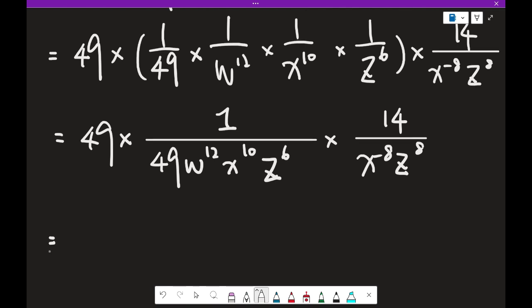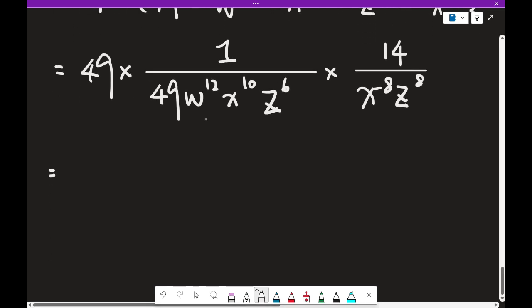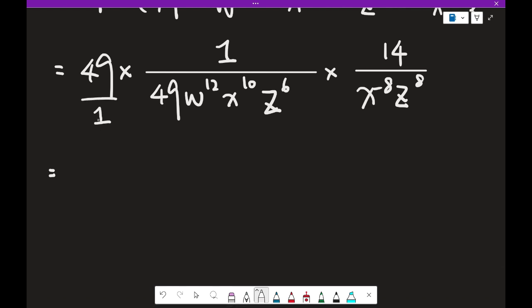And now we can multiply, since this 49 is basically 49 over 1, all these three are fractions, so we can just multiply them together by multiplying numerators together and multiplying denominators together.